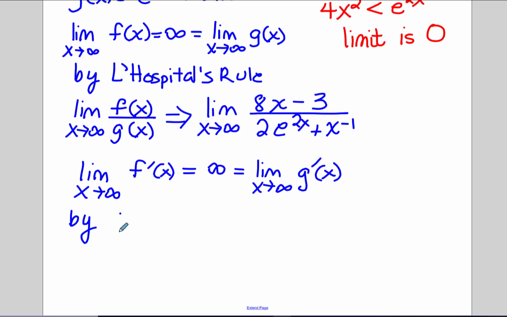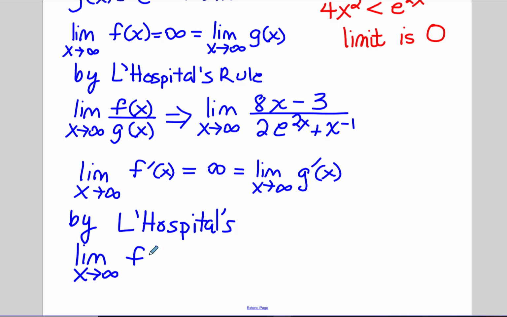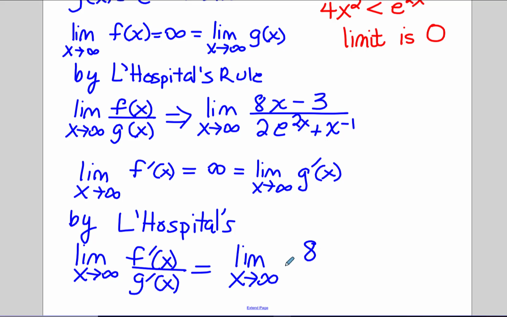So we're going to repeat L'Hopital's rule again and find that the limit of the first derivative divided by the first derivative of the denominator can be rewritten using L'Hopital's rule. The second derivative of 8x minus 3 is 8, and the second derivative of the denominator is 4e to the 2x minus x to the negative 2.